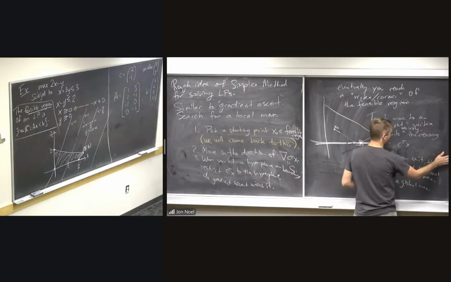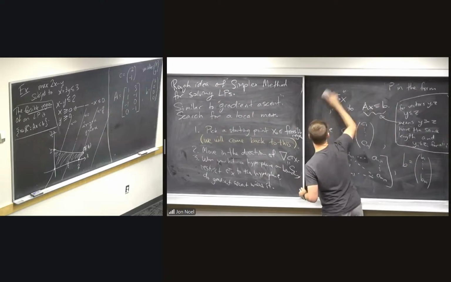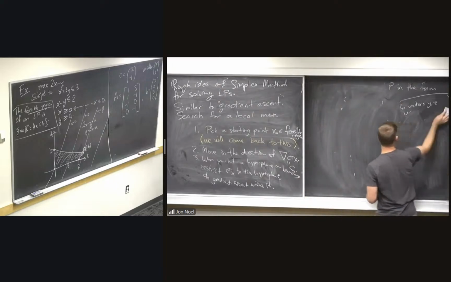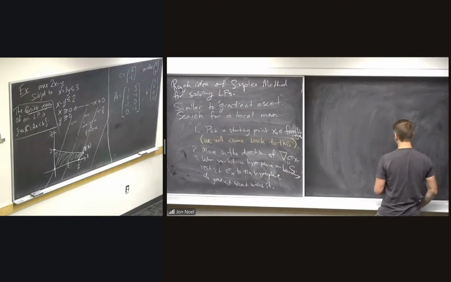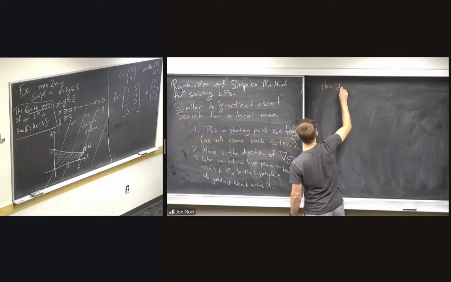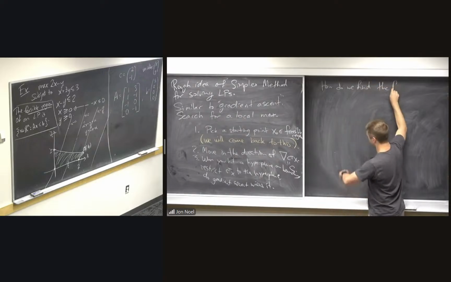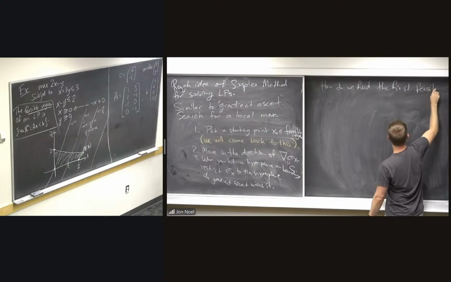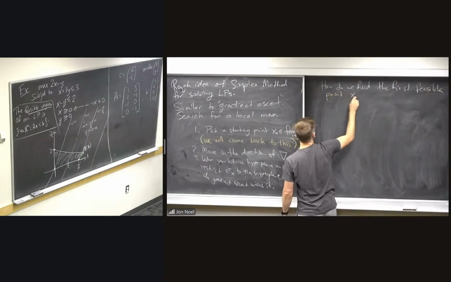So how do we find the first feasible point, x naught?